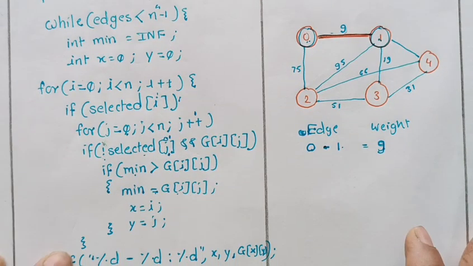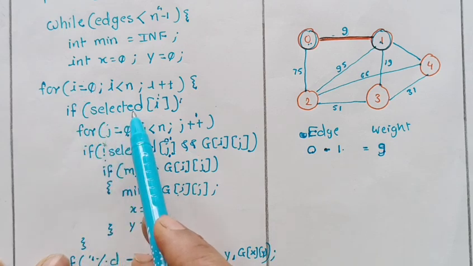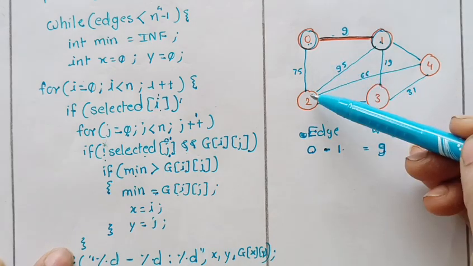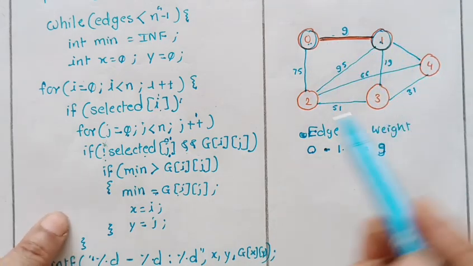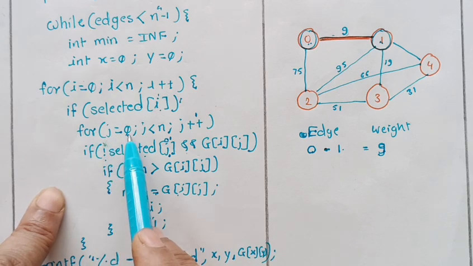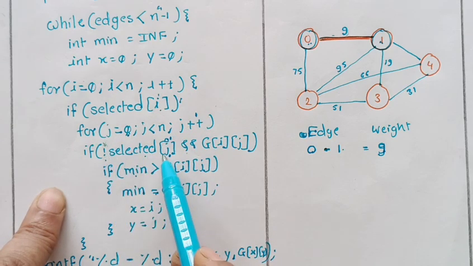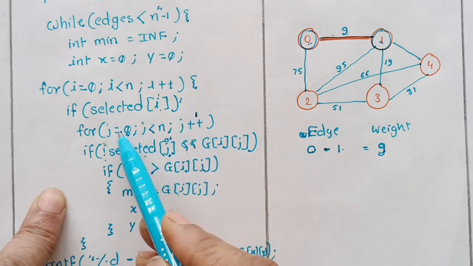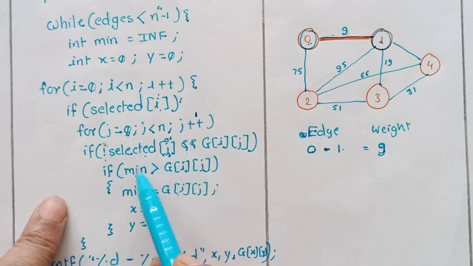Now continue the for loop. For i equal to 0, 0 is selected, so you can find all the edges from 0 to 2, 0 to 1, and so on. Here, for j equal to 0, j less than n, j plus 1: j is 0, and 0 is selected, so it will skip and continue. j becomes 1, and 1 is also selected, so the condition will become false.